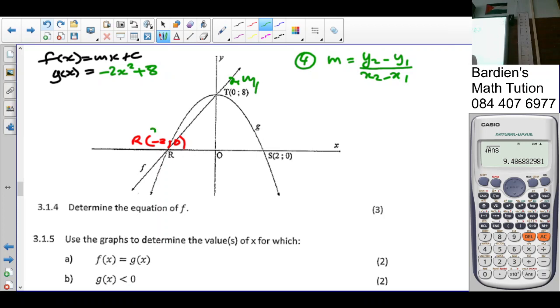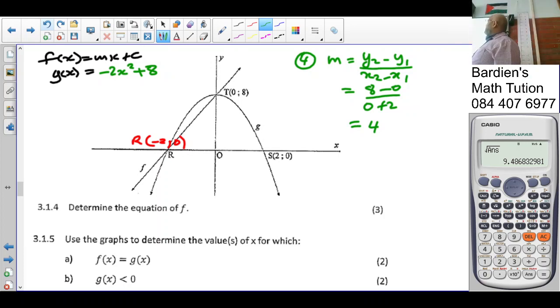If this is x2, y2, and so on. Okay? There we go. 8 minus 0 over 0 minus negative 2. So it's 8 divided by 2, which is 4. Does it make sense? Yes. The graph is increasing. There's a positive gradient. Or you say the graph is leaning to the right, so it must have a positive gradient anyway.